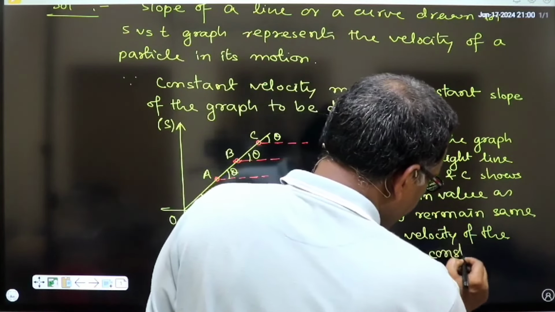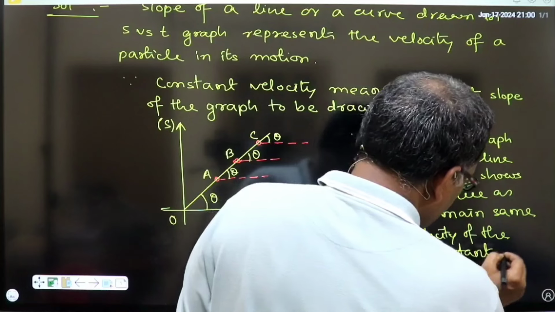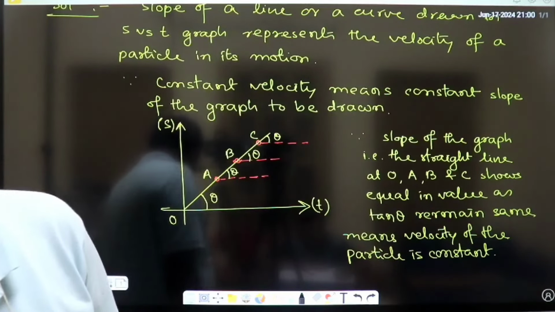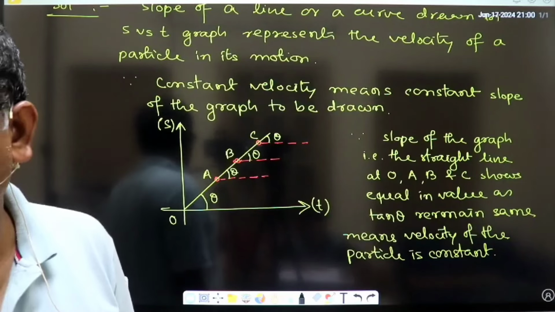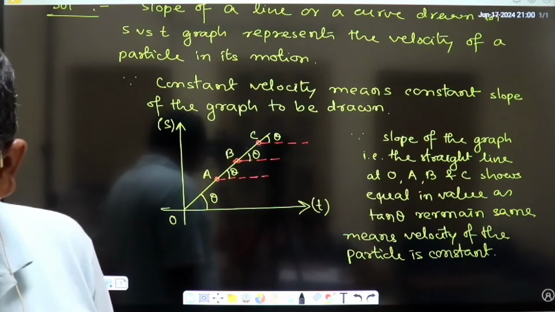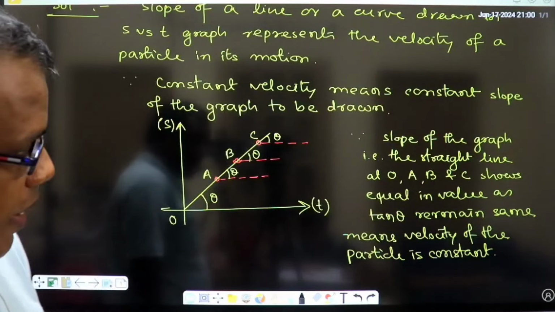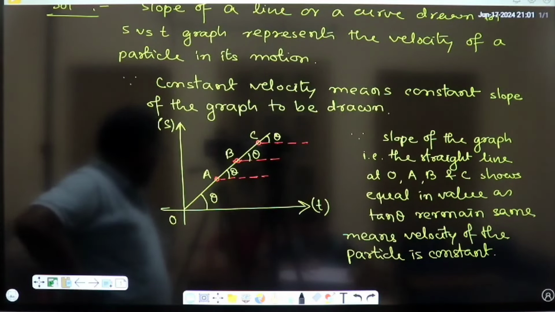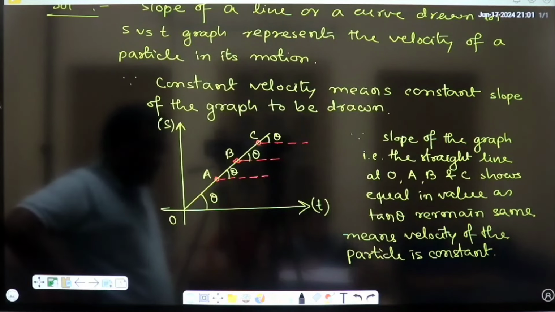So whenever you are asked to draw a displacement time graph representing constant velocity motion, definitely that graph will be the one making the same angle everywhere on the line with respect to the time axis or a line parallel to the time axis.